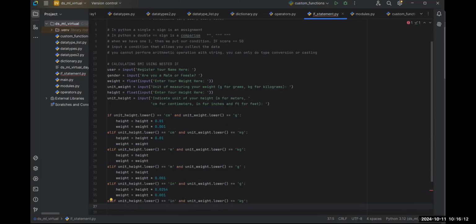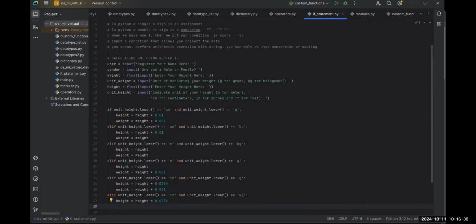So our height will equal height multiplied by 0.0254, and then our weight will be equal to weight because our weight is already in kilogram. So weight will be equal to weight.